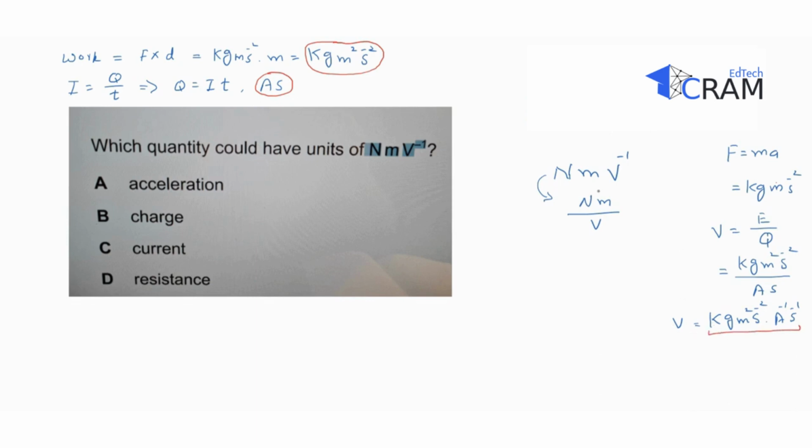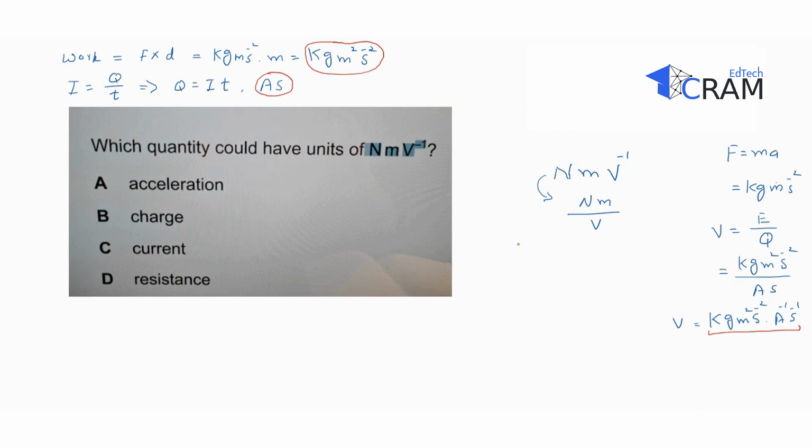Now what will we do for Newton? Already we got kilogram meter per second square. For the Newton, already we wrote kilogram meters per second square. I'm writing it as it is. See, I'm replacing. Look, this is Newton meter per volt. I'm substituting the base units over here.